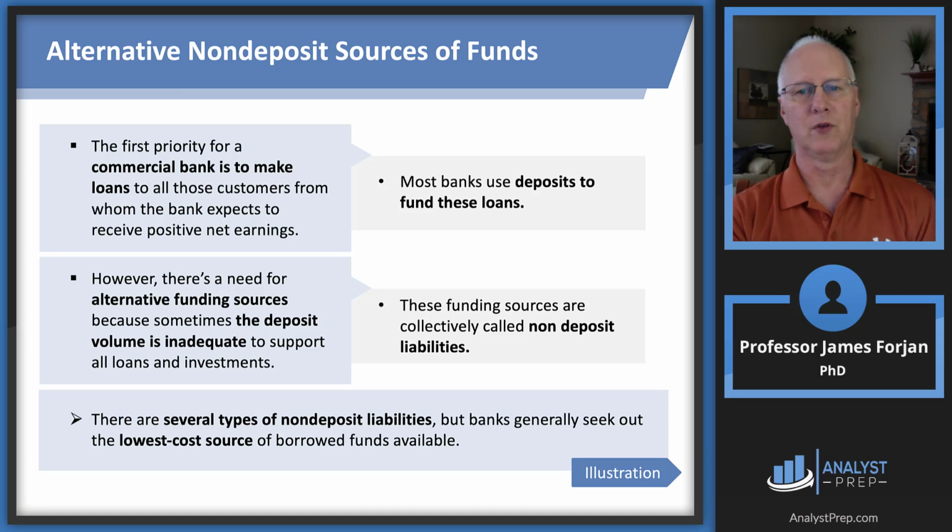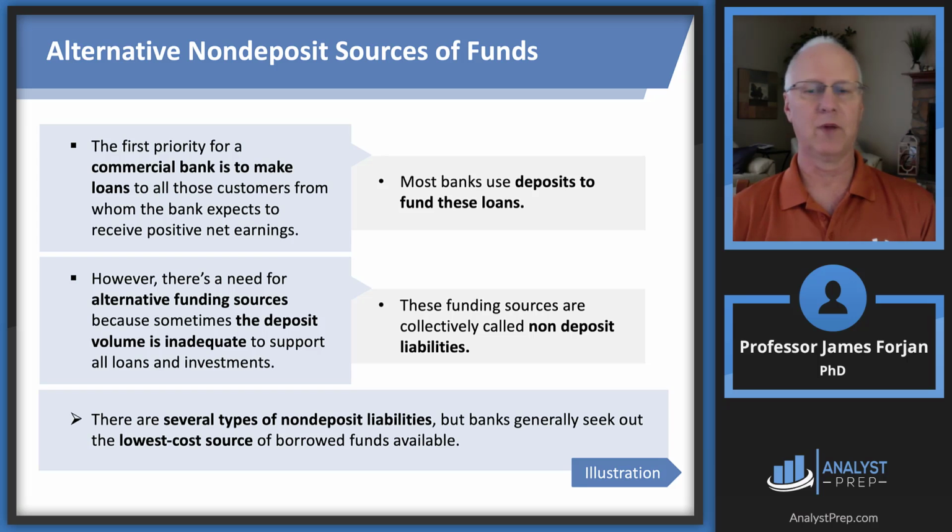And so notice on the right-hand side, the circle point, most banks use deposits to fund these loans. However, there's a need for alternative funding sources because that deposit volume is probably not completely adequate, and sometimes it's inadequate. So those extra funding sources are called non-deposit liabilities.